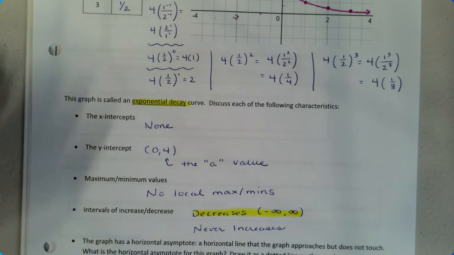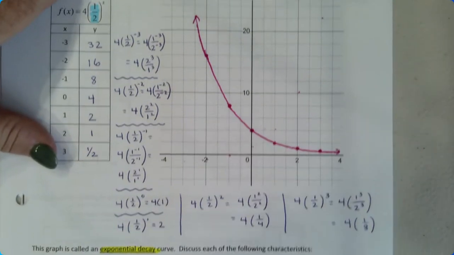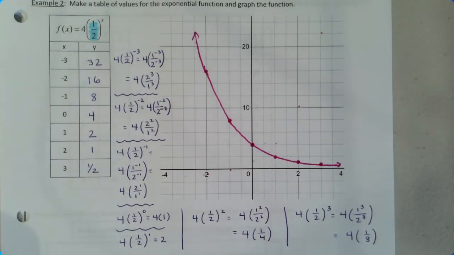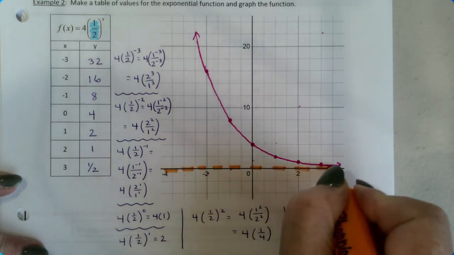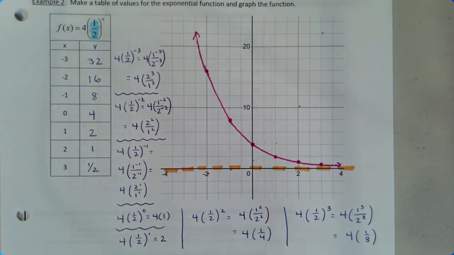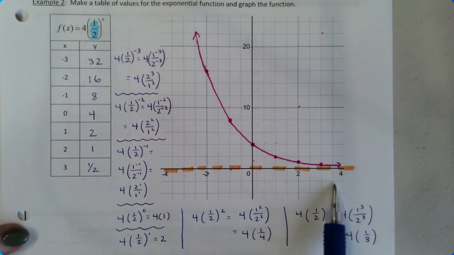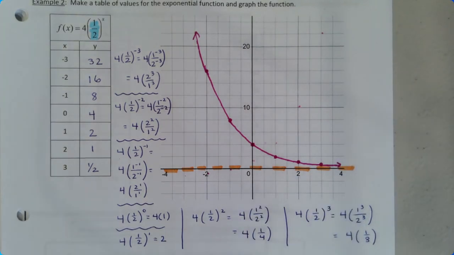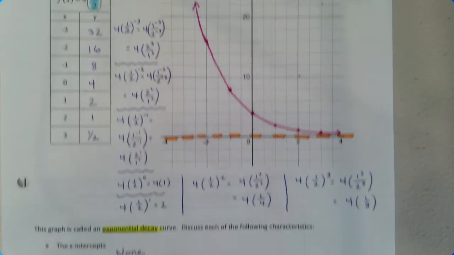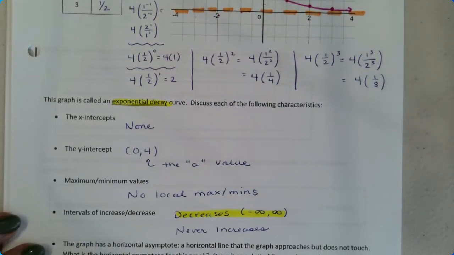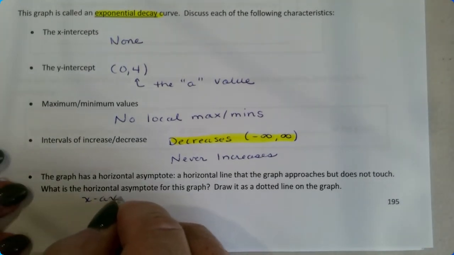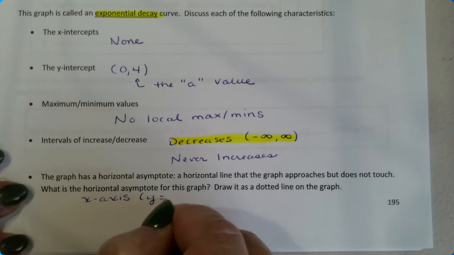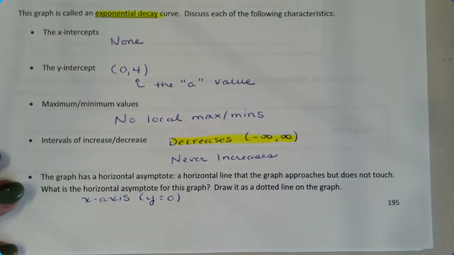All right. We again have a horizontal asymptote. Let me go ahead and add that. I'm going to draw that on the graph. We do like to use a dotted line for our horizontal asymptote. We can see the graph is getting really close to the x-axis, rather, over here on the right-hand side. So again, the horizontal asymptote for this graph is the x-axis, also known as y equals 0.